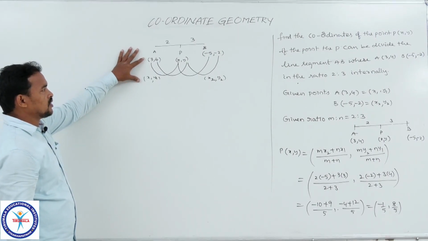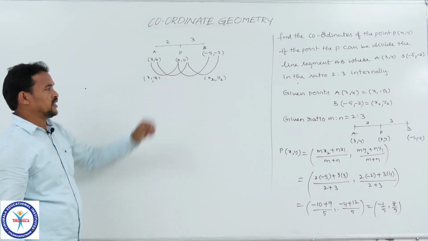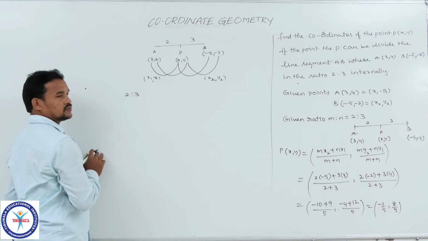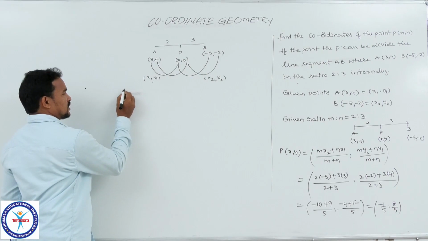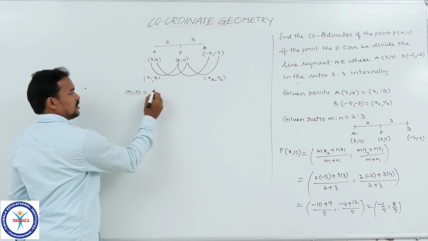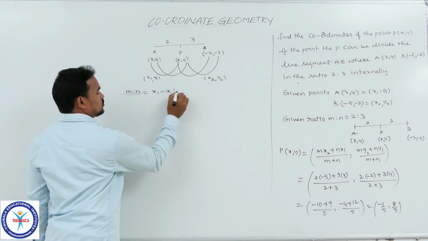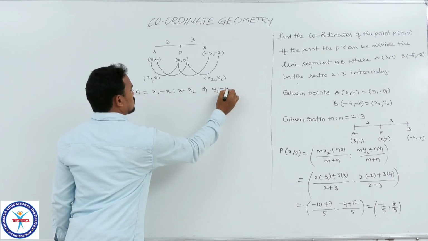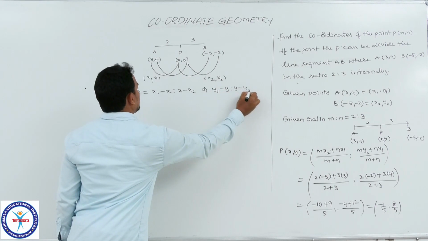When it is comparing with x1 comma y1 and x2 comma y2, here how do we know the ratio 2:3, m is to n? If the ratio is m is to n, m is to n is nothing but x1 minus x is to x minus x2, or y1 minus y is to y minus y2.